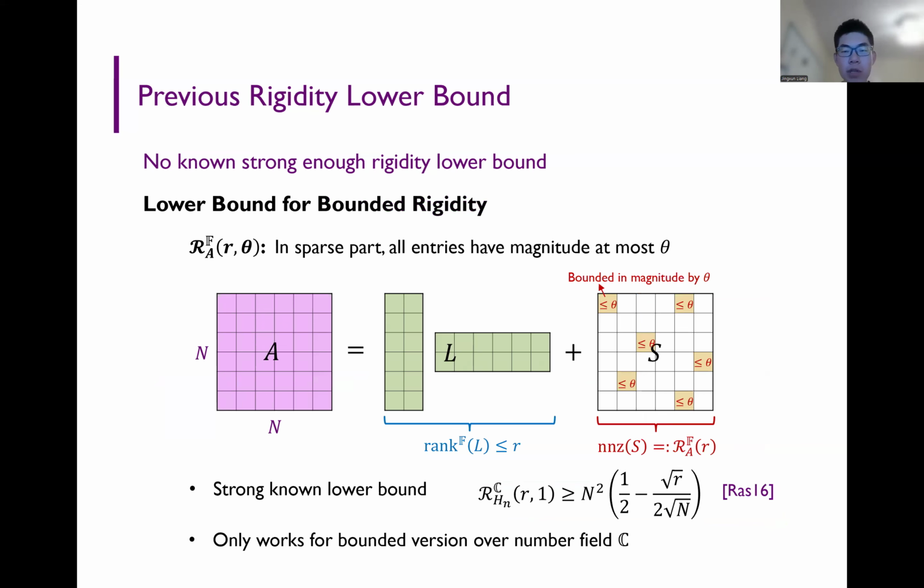This bounded version of rigidity is much easier to deal with than the regular one. There are very strong rigidity lower bounds against this type of rigidity where the sparsity is nearly optimal. However, such lower bounds heavily rely on the boundedness assumption, hence cannot generalize to the standard rigidity and only work on the number field C instead of finite fields.